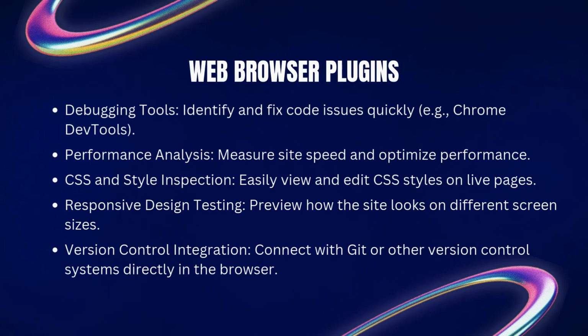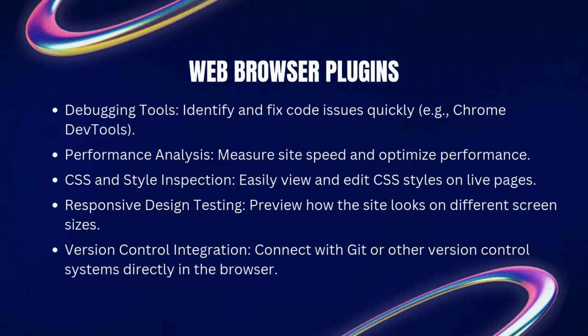Web browser plugins. We first used debugging tools to identify and fix code issues quickly. For example, the Chrome Dev tool, which was utilized for quick issue identification and resolution. We also used performance analysis tools, which were employed to measure and enhance site speed.